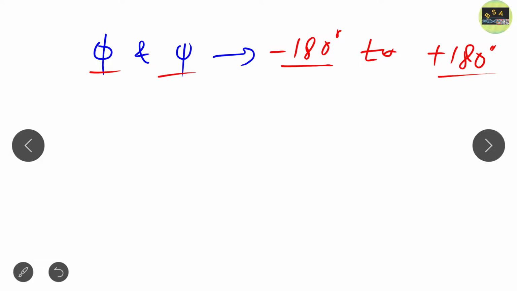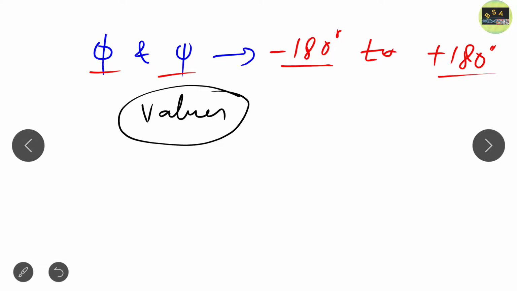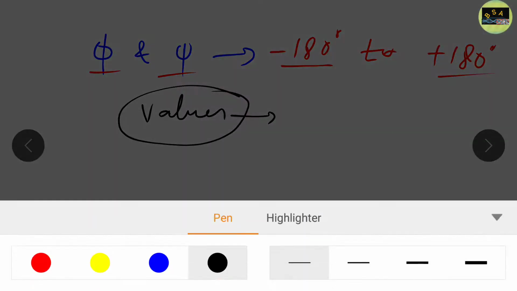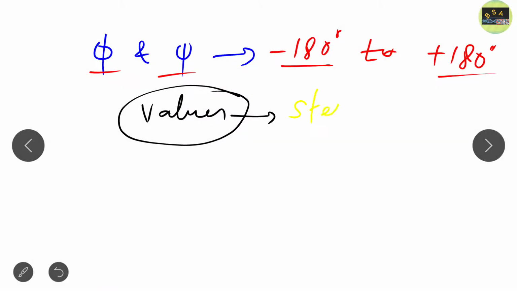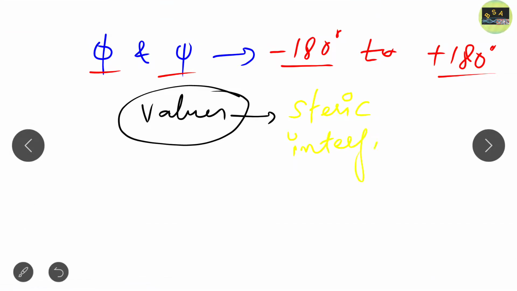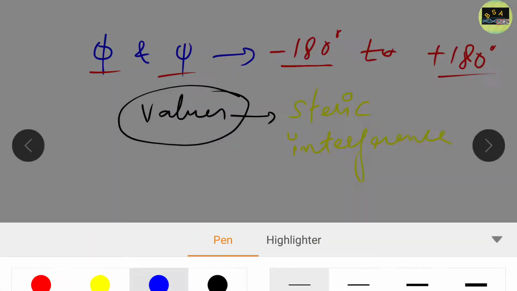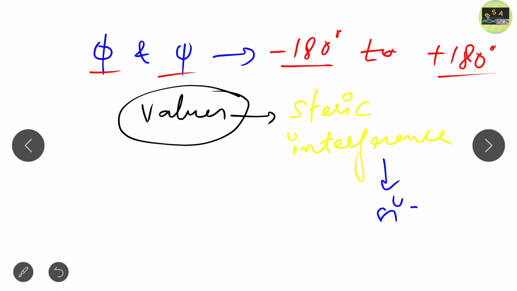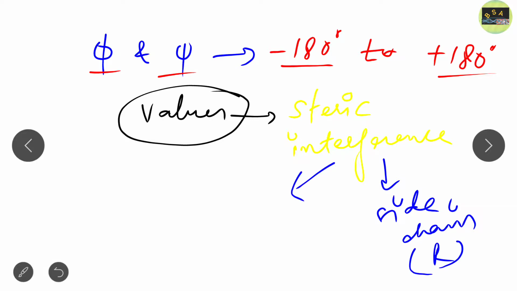But there is one interesting thing: there are many values that are prohibited by steric interference between atoms, either those present on the side chains, that is the R group, or the atoms present on the polypeptide backbone.